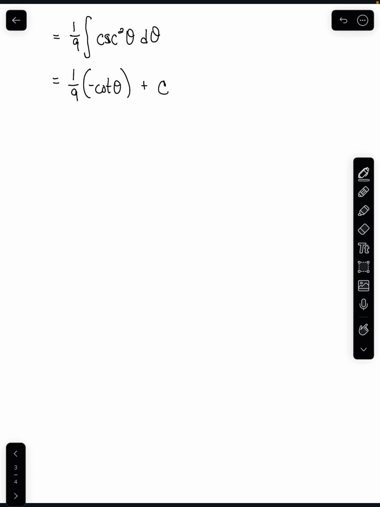The triangle that we constructed is useful here again. Recall it is a right triangle with the hypotenuse being length 3, the opposite side being length x, and therefore the adjacent side being length square root of 9 minus x squared. We can then calculate the cotangent of this angle using the expressions for the lengths of the sides of the triangle.